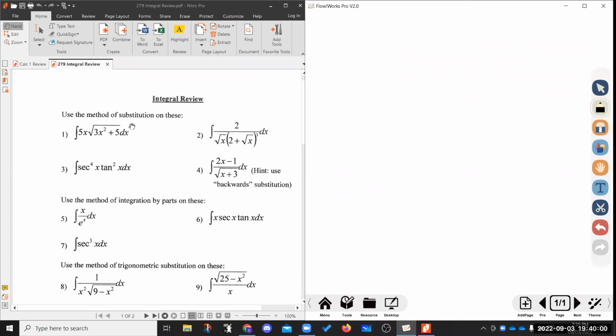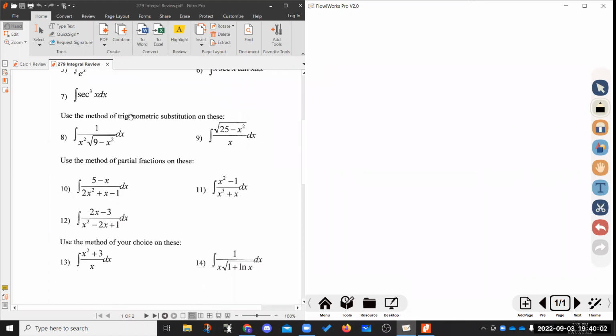Now we're told to use trigonometric substitution on numbers 8 and 9. I do trig substitution a little different than a lot of the textbooks do because I start with my trig triangle. So I'm going to draw my triangle here and say that this side has to be 3, this side has to be x, this side is square root of 9 minus x squared. This is theta.